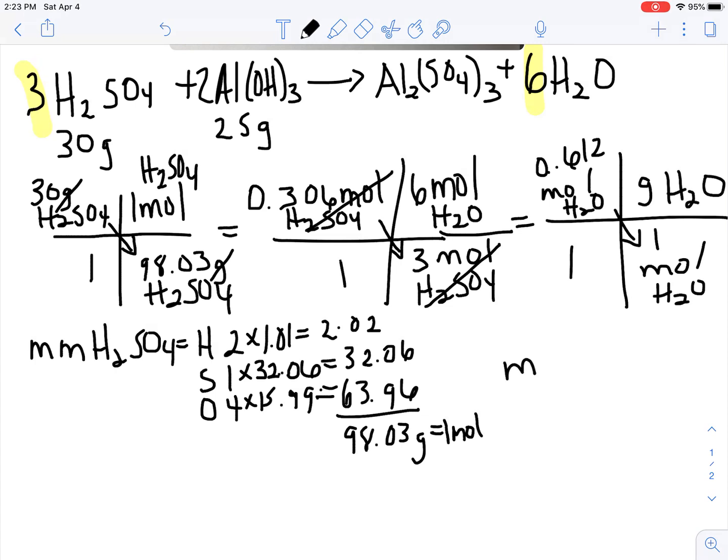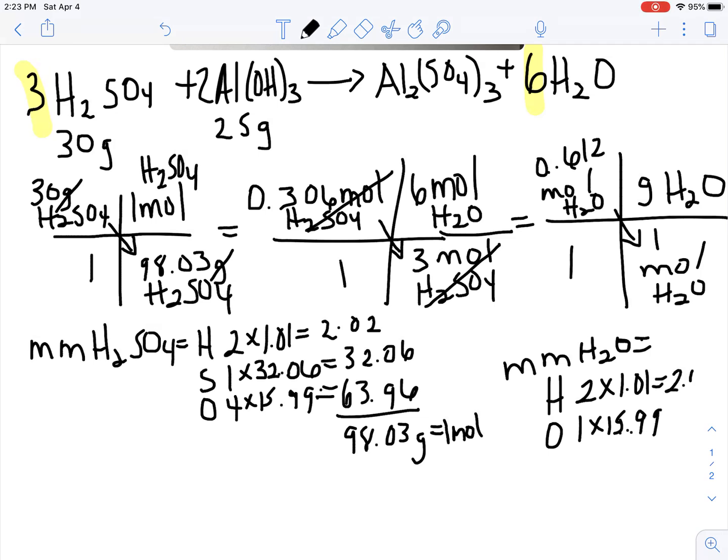So I'm going to go down here, molar mass of H2O. Hydrogens, we have 2, oxygen, 1: 2 times 1.01 and 1 times 15.99 gives us 2.02 and 15.99.